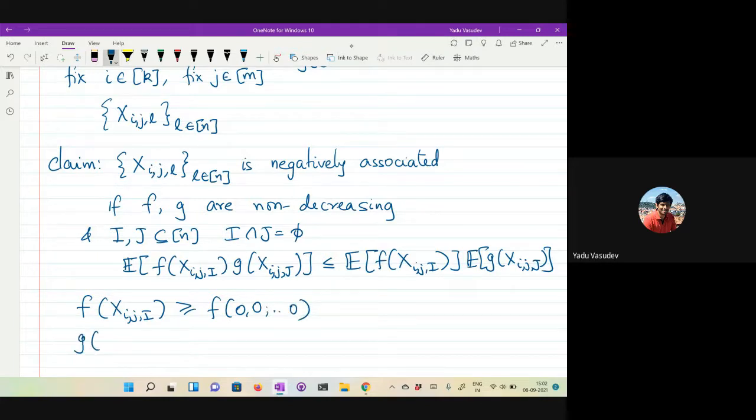Similarly, g of x i comma j comma capital J is greater than or equal to g with all zeros, because these are non-decreasing. Correct? Any questions so far? Is the setup clear? Any questions?